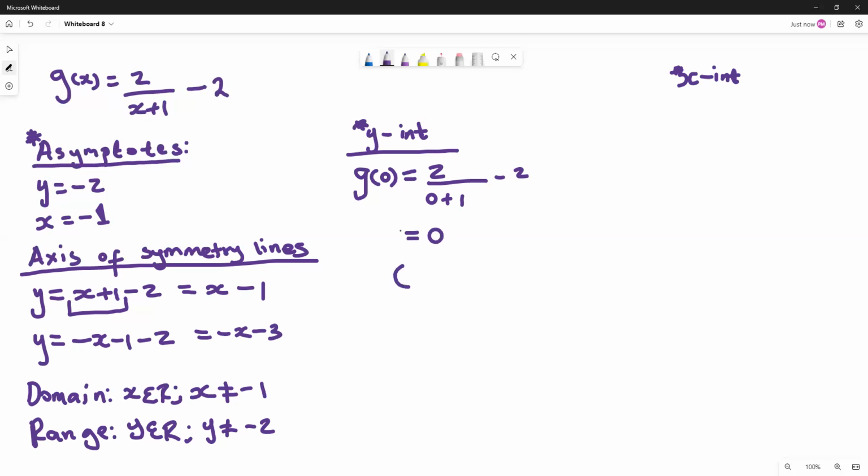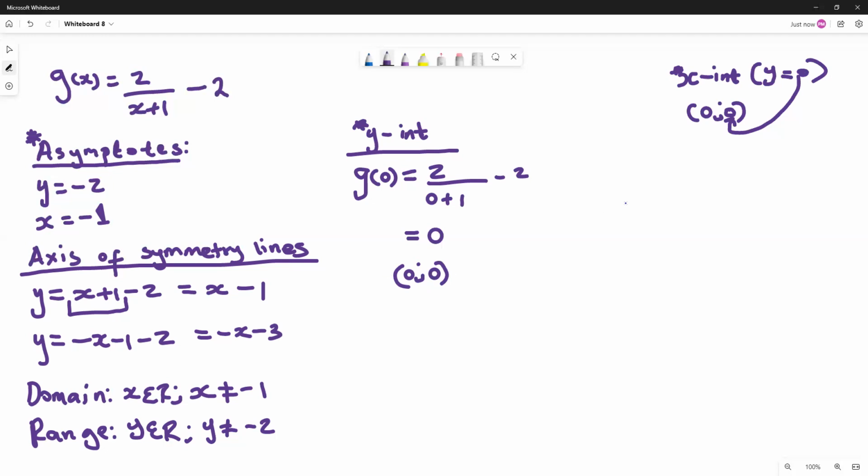So it means your y-intercept is 0, 0. And then if this is the case, I already know that the x-intercept will also be 0, 0. Why? Because I know that for x-intercept, y is 0, and already here, y is already 0. So in this case, it means our graph is passing through the origin, right?